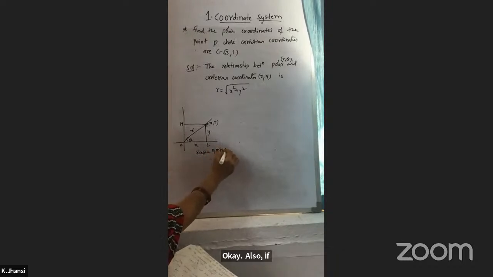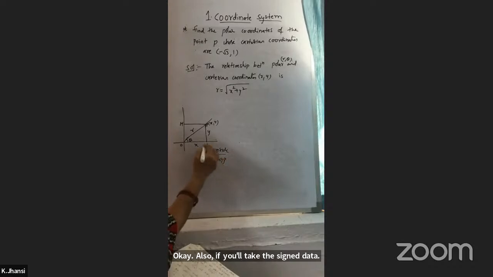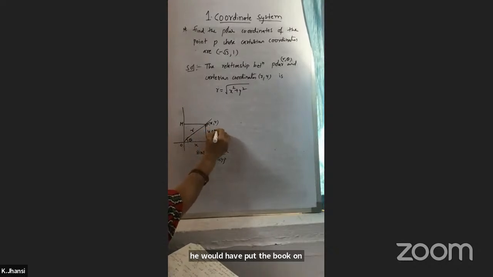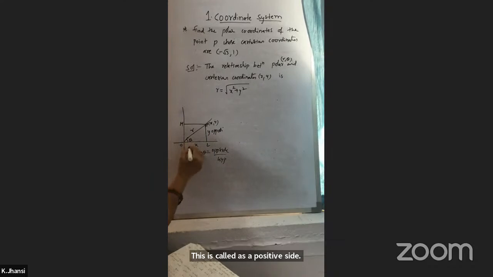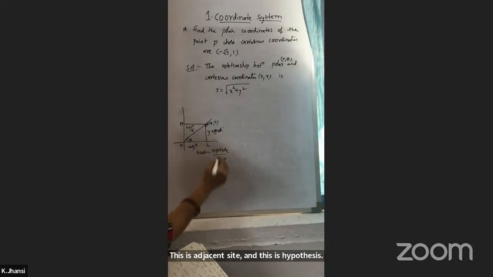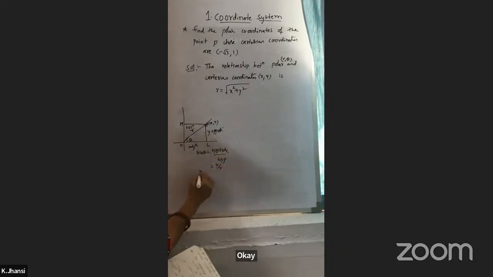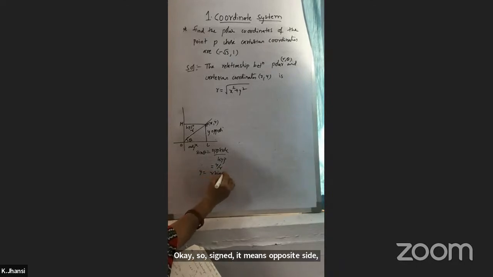So sin theta means opposite side by hypotenuse. Yesterday, if you have not listened, whatever the angle is, the side opposite to it is called the opposite side. To this, whatever is adjacent is the adjacent side, and this is the hypotenuse. So sin theta means opposite side y by r, so y equals r sin theta.